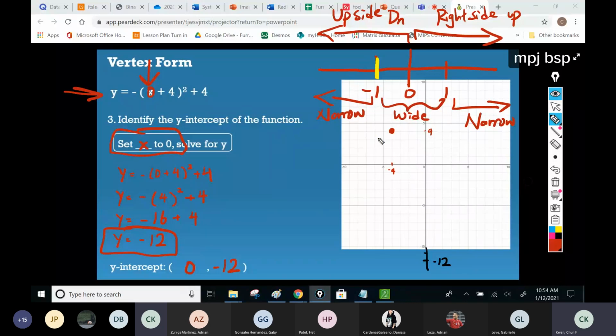If I want to draw a really good looking graph, your graph is going to have to cross the y-axis at negative 12, like this. So that is where the y-intercept is. It's at (0, -12).